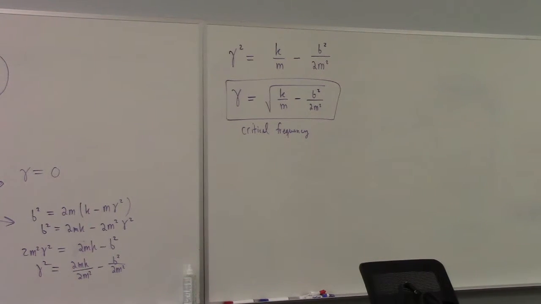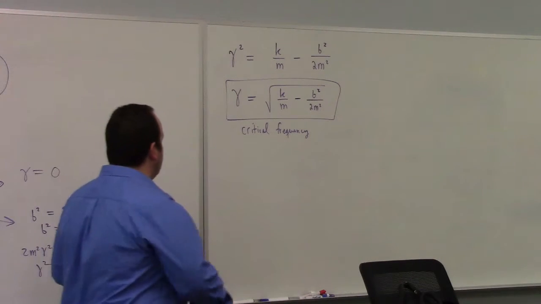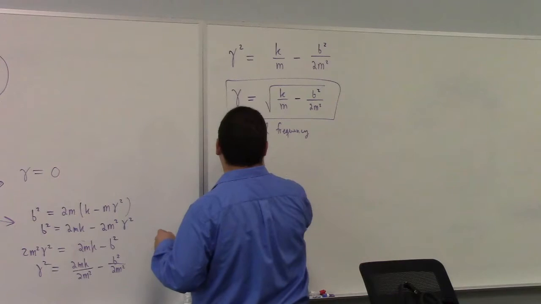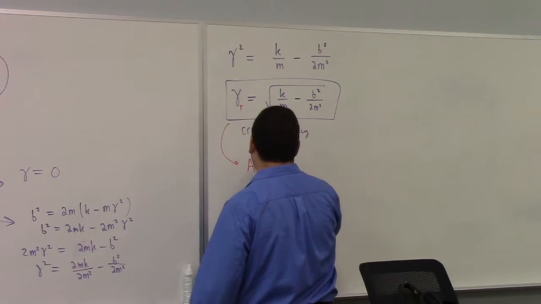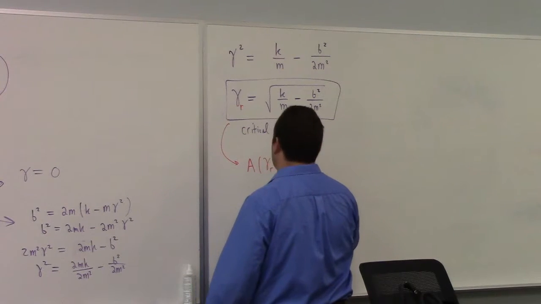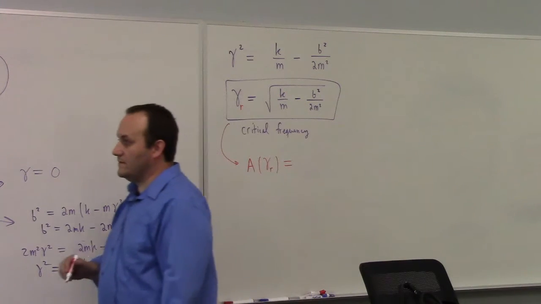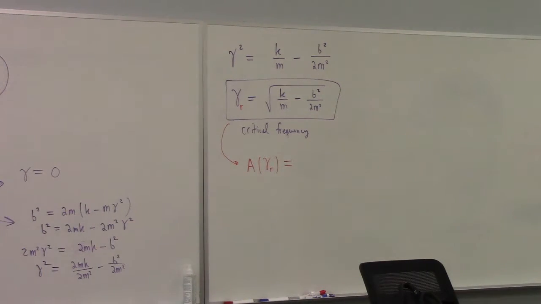And if you plug that back in, he calls it R for resonant, right? If you calculate the amplitude at the resonant frequency, what does that give you? So what happens if you plug that back into here?